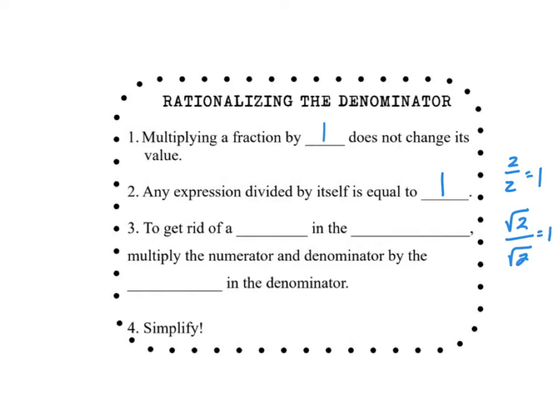So to get rid of a radical in the denominator, multiply the numerator and the denominator by the radical in the denominator. So you're basically going to create a value of 1 using that radical.